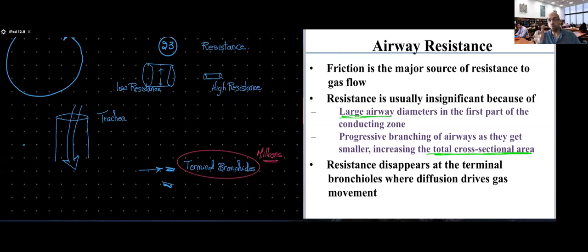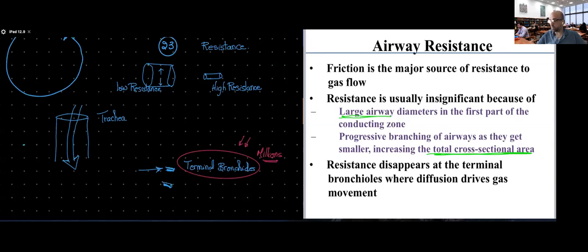So having more of the terminal bronchioles will result in a large cross-sectional area. I have a larger diameter in my terminal bronchioles because I'm not passing from one trachea to one terminal bronchiole. I'm passing from one trachea to millions of terminal bronchioles.